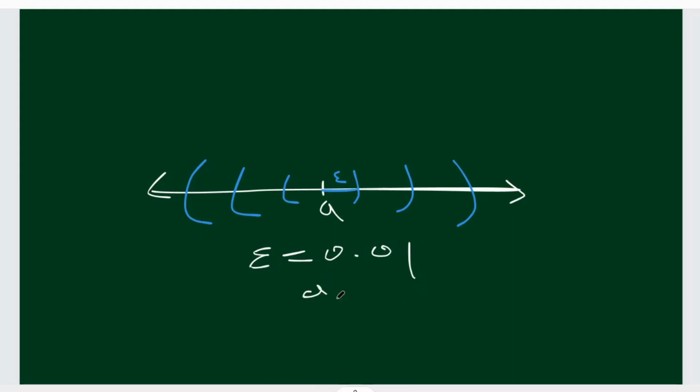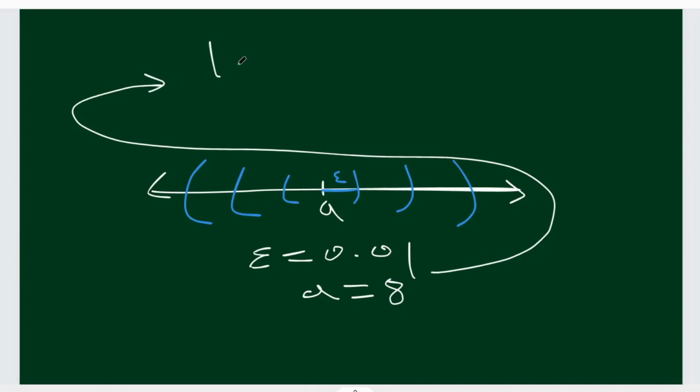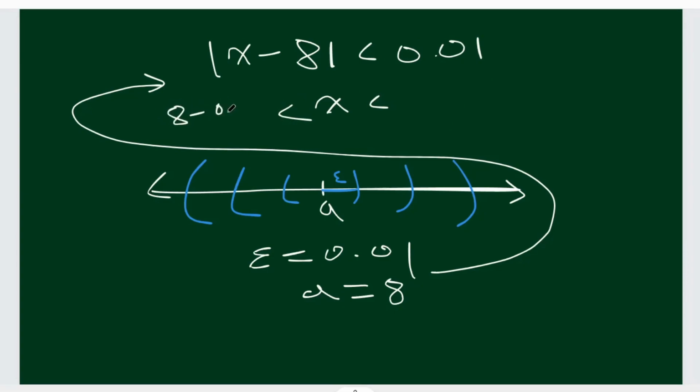Let's say that A is equal to 8. Well, we're solving the inequality absolute value of x minus 8 is smaller than 0.01. You get 8 minus 0.01 and also 8 plus 0.01.